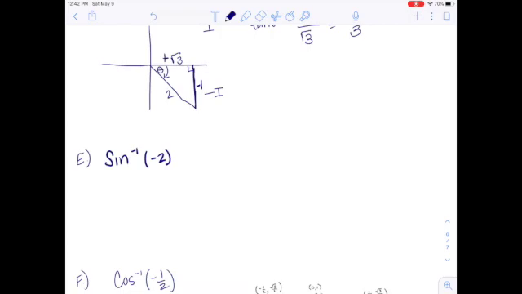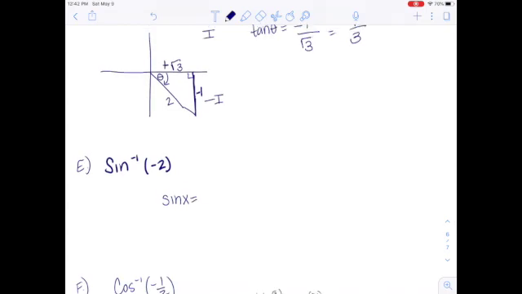Okay, what's sine inverse? What angle has a sine value of -2? In other words, you might run into this like we did before in law of sines, where you see sine of x is equal to -2, right? When you do sine inverse, what happens?